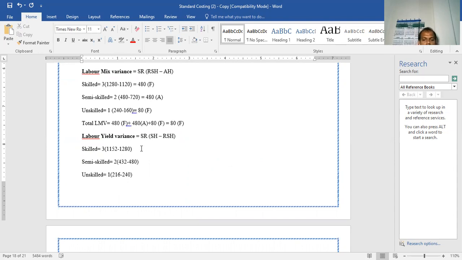The labor yield variance shows how many hours we achieved and how many hours we were unable to.